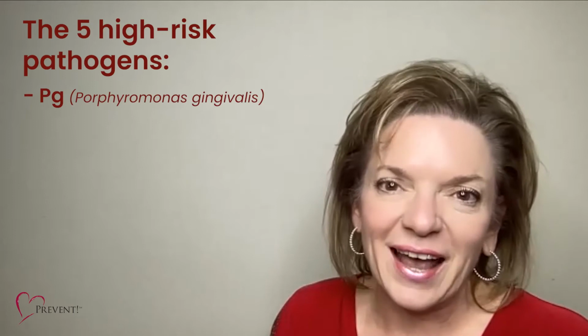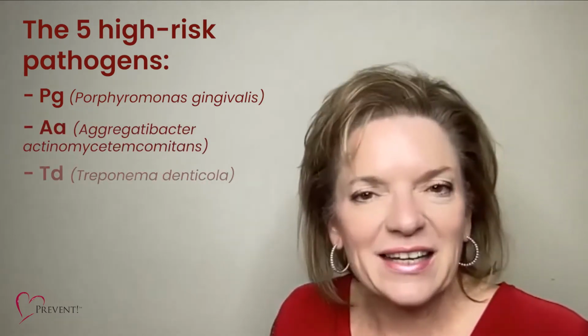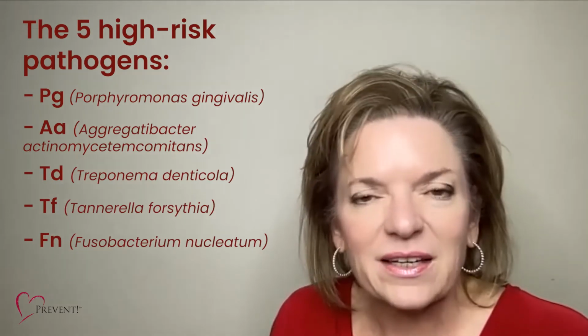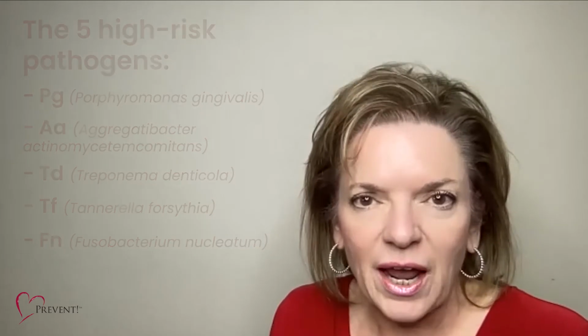So these 5 bacteria, and I'll call them by their initials, PG, AA, TD, TF, and FN, can be detected at a very low concentration. And you want all of these bacteria to be absolutely eradicated. There's one exception to that. We might tolerate a little bit of FN if it is a good species of FN.